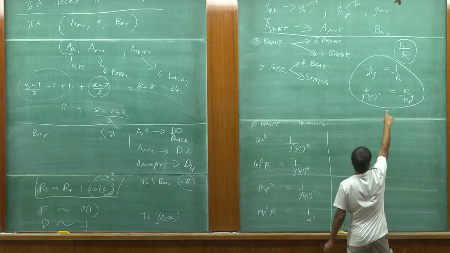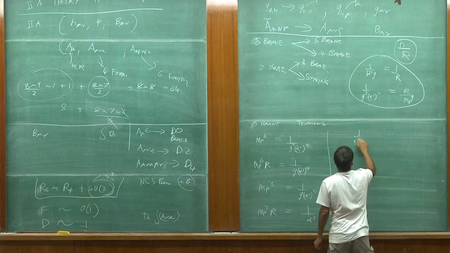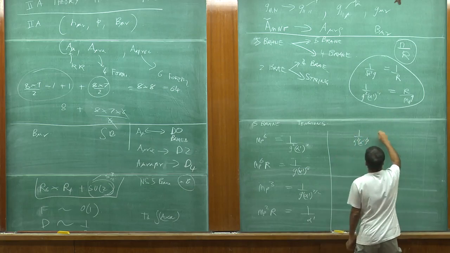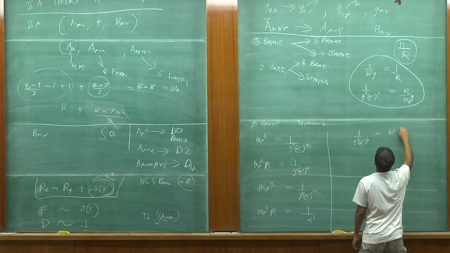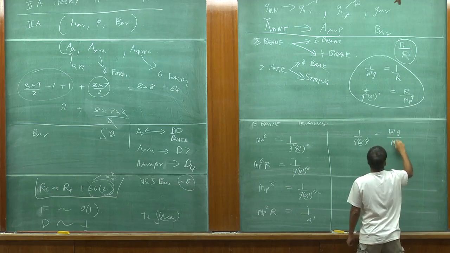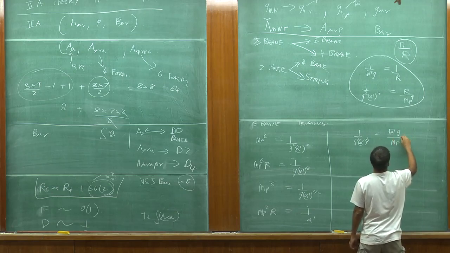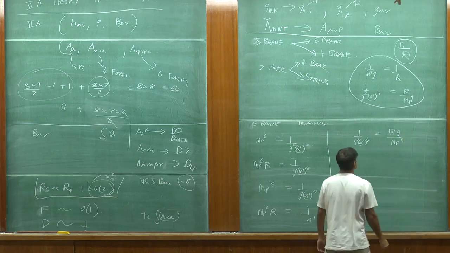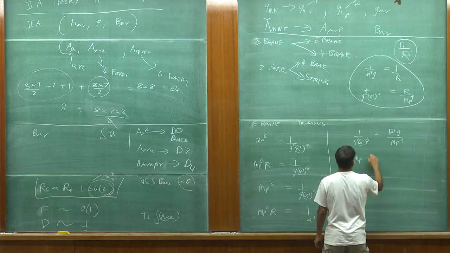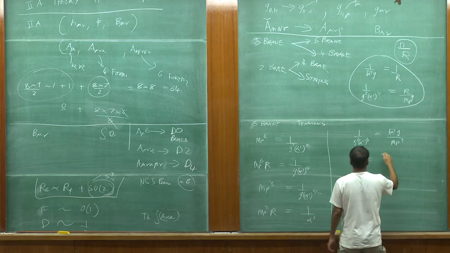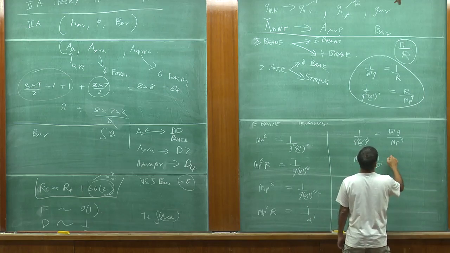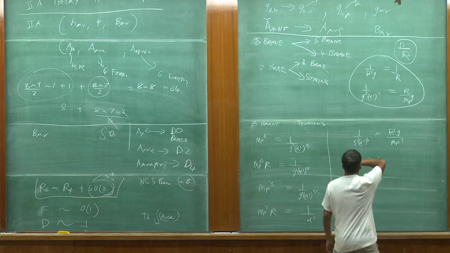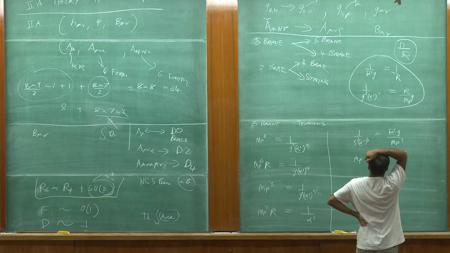Let's see, so we can substitute from the first to get 1 over G squared alpha prime to the 4 is equal to square root alpha prime G by MP to the power 9, and therefore we get MP is equal to 1 by square root alpha prime... wait, I've got the alpha primes and MPs mixed up. Sorry.